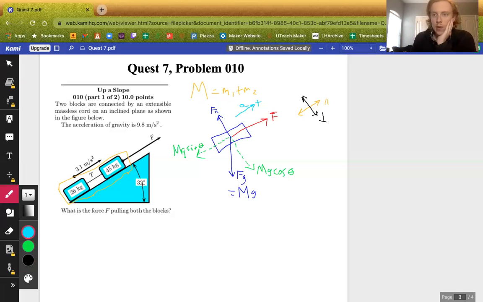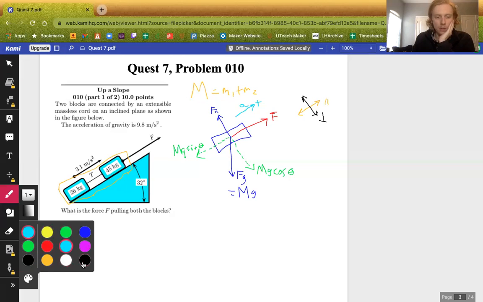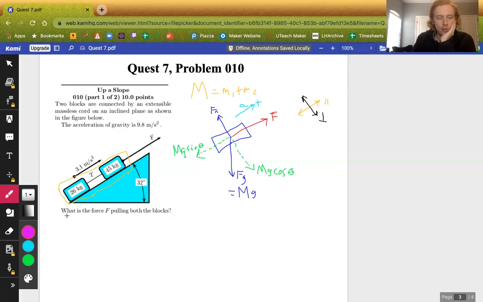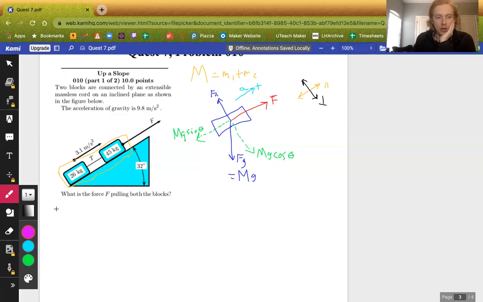So we have our free body diagram, everything is situated, and now we can apply Newton's second law. The sum of the forces parallel to the ramp must be equal to the total mass of the system, capital M, times the acceleration. Now comes the question of what is our net force, the sum of all of our forces.